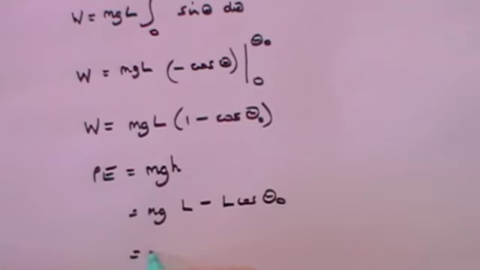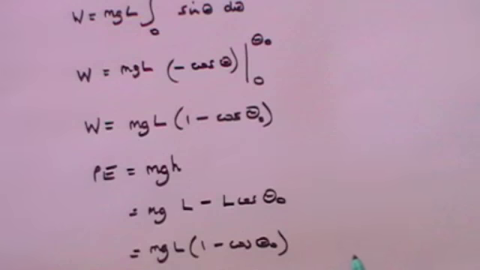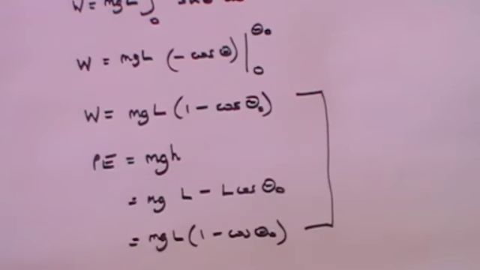And that's equal to mgL into 1 minus cosine theta naught, which you'll notice is the same as the work done. And that's perfectly reasonable. I do that amount of work, consequently the actual system itself, or the mass at the end of the rod, gains the same amount of energy.